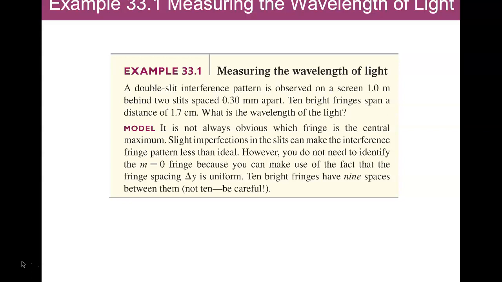What is the wavelength of the light? So the model is, it's not always obvious which fringe is the central maximum, but we don't need to identify that. We can just think about the distance between fringes.